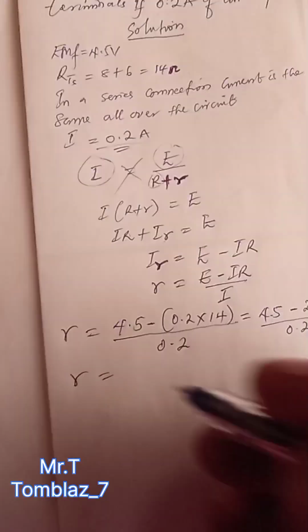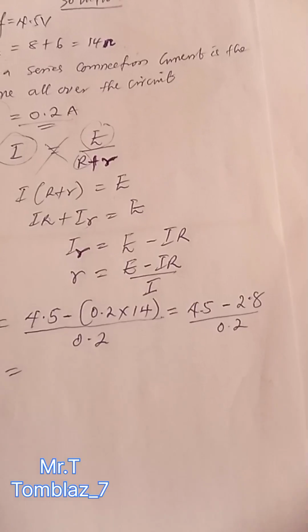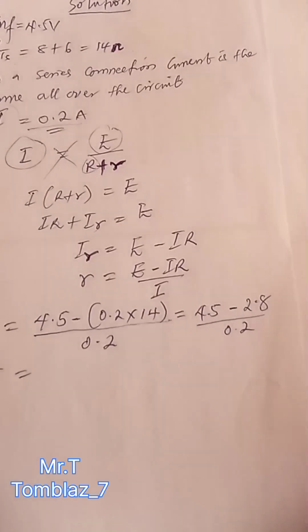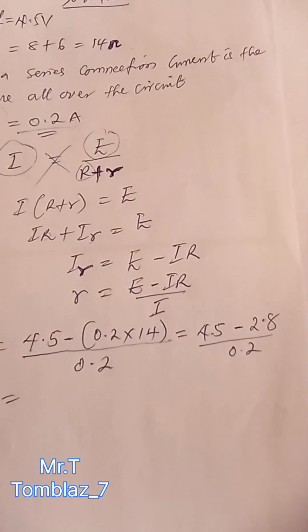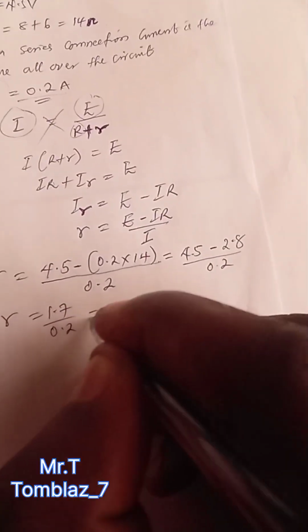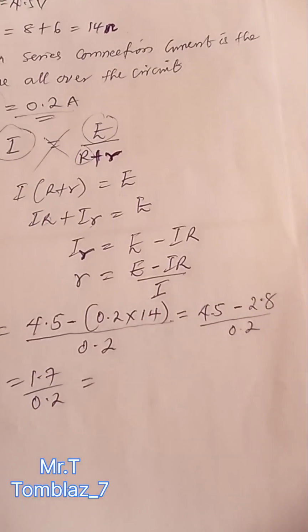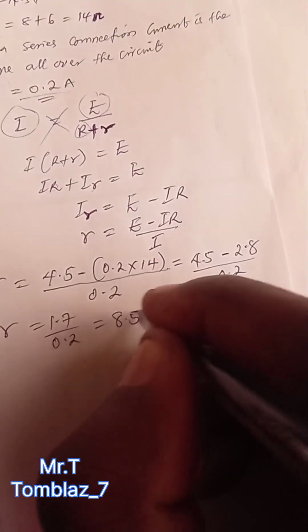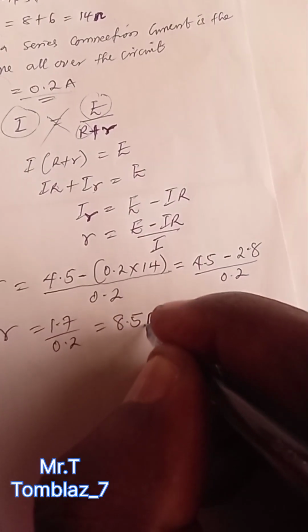So your internal resistance will be 4.5 minus 2.8, which gives 1.7, all divided by 0.2. So we're going to have 8.5 ohms.